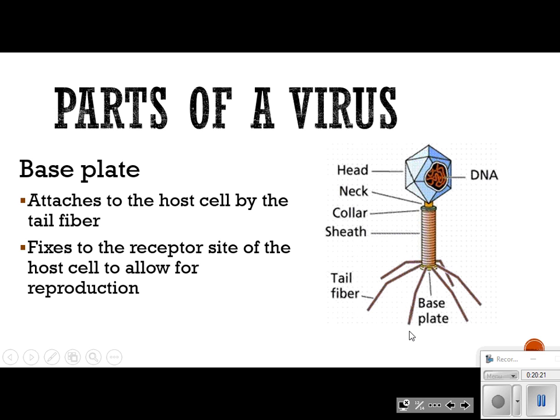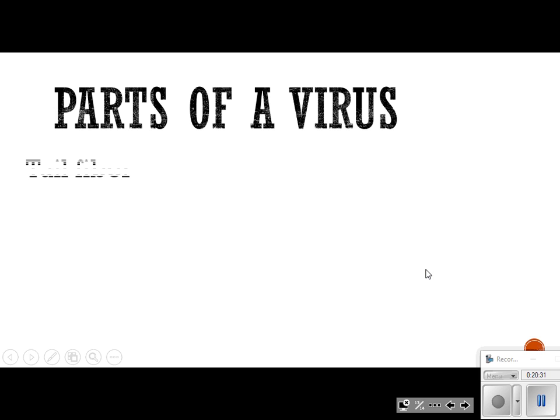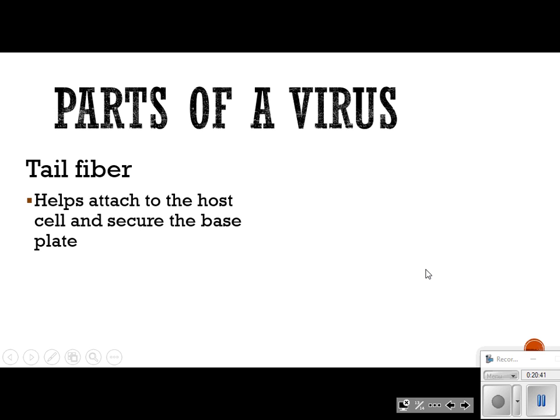The final part we're going to talk about here, and you can see the base plate there, I have it in yellow in this little diagram here. The final part of a virus is the tail fiber. The tail fibers help attach the base plate to the host cell.